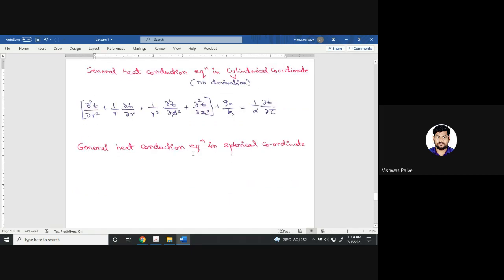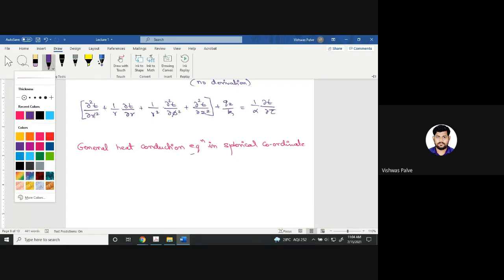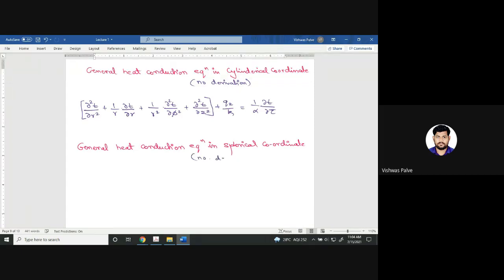Here also no derivation, only the equation is needed. So I'll write here no derivation on this.